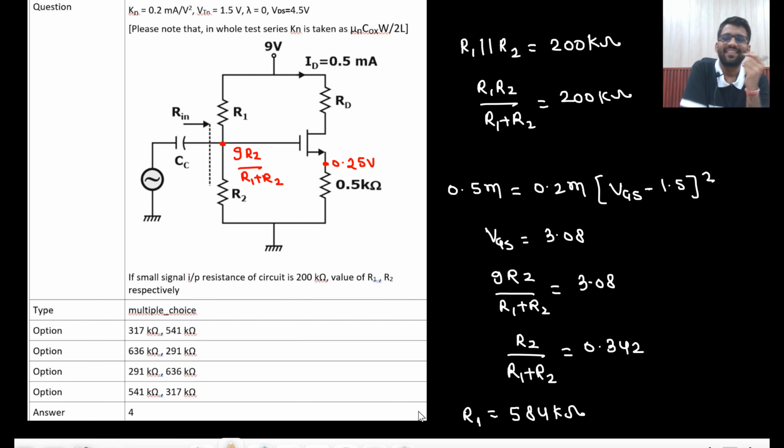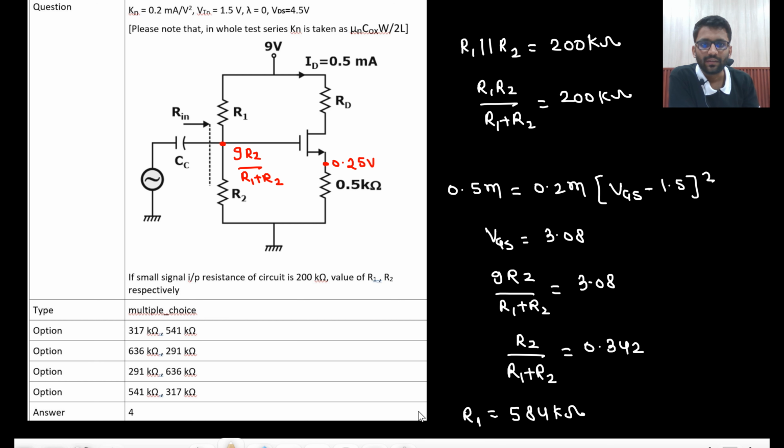Let's check back again. 0.5 milli is equal to 0.2 milli times VGS minus VT whole square. Okay, then 5 by 2 would be 2.5, and R1 parallel R2, the input resistance, is given, that is 2 kilo ohm only. R1 R2 upon R1 plus R2.